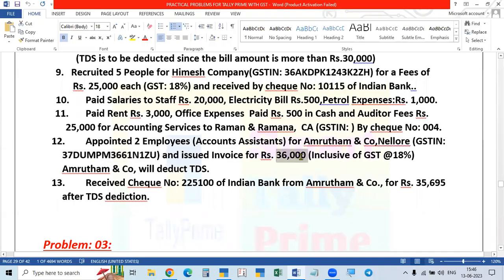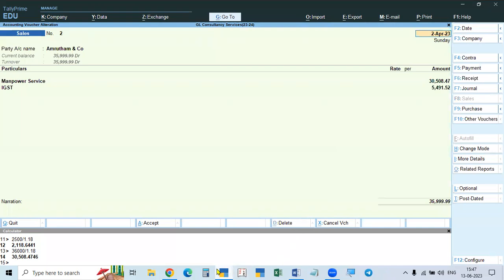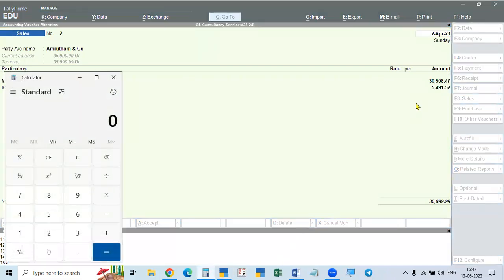Actually, here we received 36,000 rupees? No, we won't receive that, because in the previous voucher the amount was 30,508.47. On that, 1% is deducted, as our company provides consulting services as an individual, so only 1% has to be deducted. They will deduct 1%, which means 305 rupees.